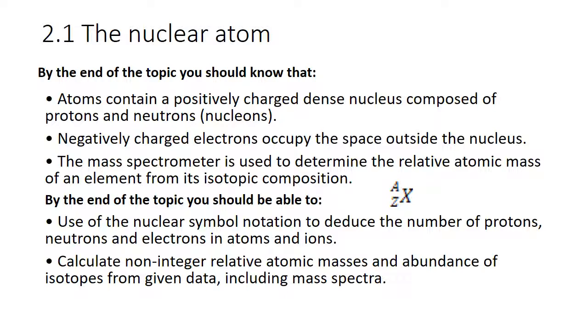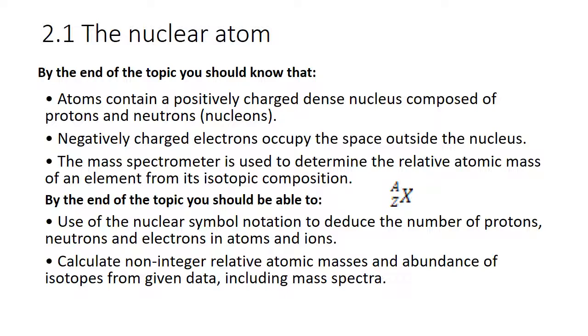So the nuclear atom. By the end of this unit of this topic, you should know that atoms contain a positively charged dense nucleus composed of protons and neutrons. Protons and neutrons collectively are known as nucleons. Negatively charged electrons occupy the space outside the nucleus, and the mass spectrometer is used to determine the relative atomic mass of an element from its isotopic composition.